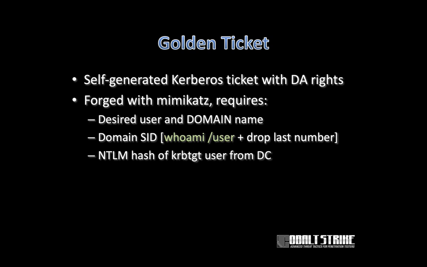Drop the last number in that sequence, they're separated by dashes, and you will have the domain SID. You also need the secret that is used by the domain controller to encrypt ticket granting tickets, and that is the NTLM hash of the KRBTGT user. You can get this with the dcsync command or by running hashdump on a domain controller.